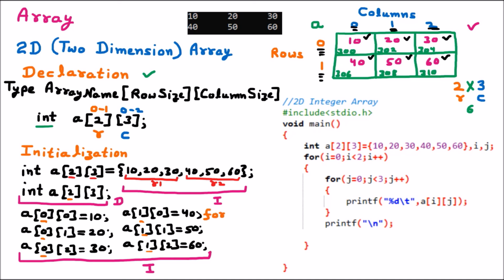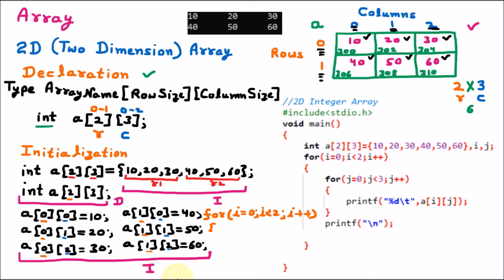We can say, let's say, the I we are taking. I is starting from 0 and I less than 2 and afterward I plus plus. So here this is the outer loop which is for the rows we are providing. Then we can see that there is one more dimension where the values are 0, 1, 2 and again 0, 1, 2.